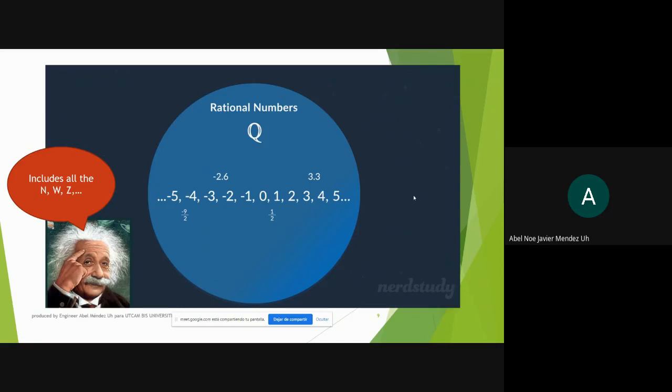And we can see that the rational numbers include fractional numbers like 1 divided by 2, and negative fractionals like -9 divided by 2, okay? Continue.